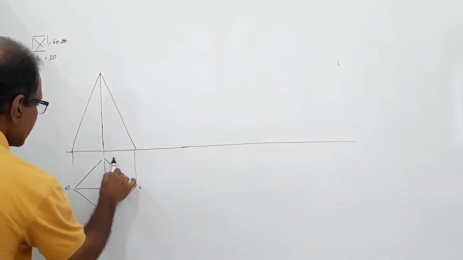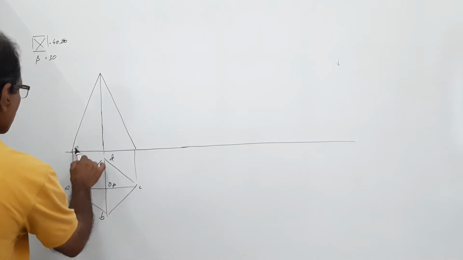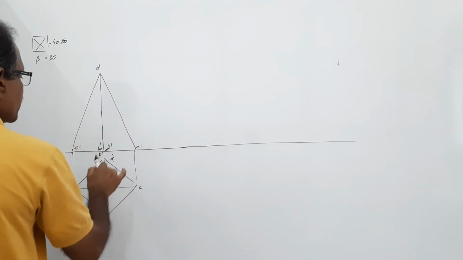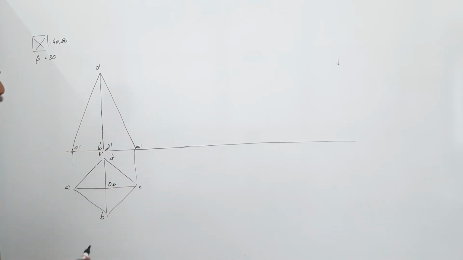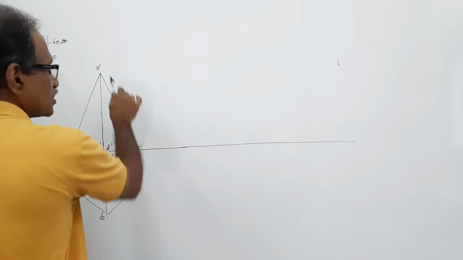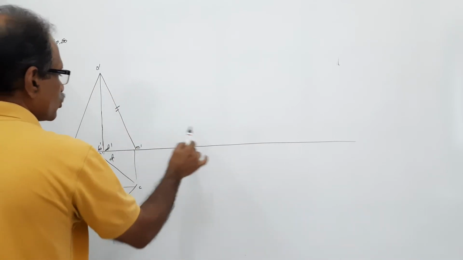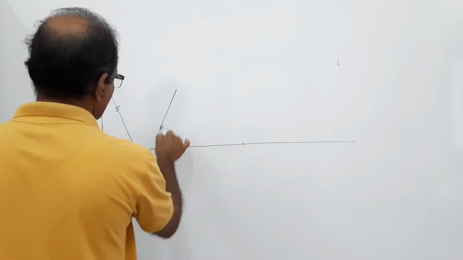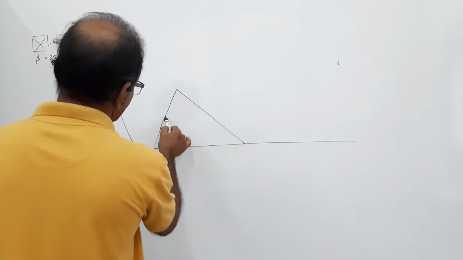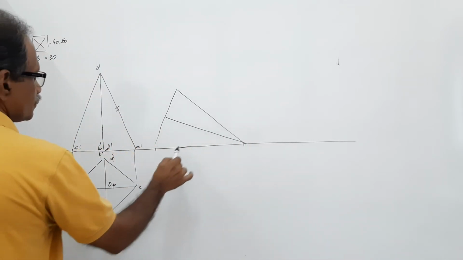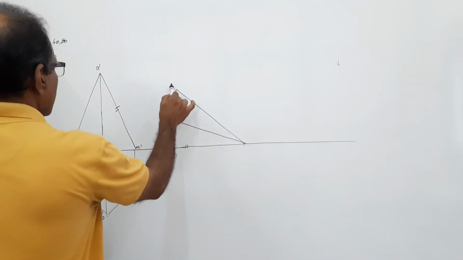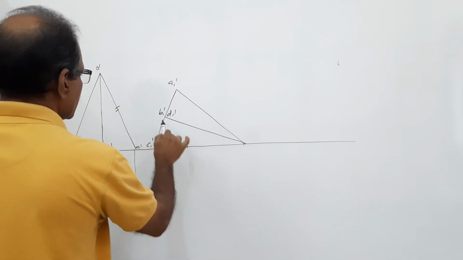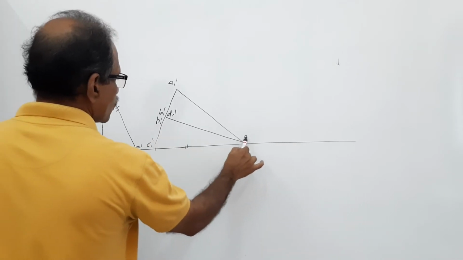A, B, C, D, O, P, A dash, B dash, D dash, C dash, O dash, P dash. Redraw this elevation with this slant edge on the ground. A1 dash, B1 dash, D1 dash, C1 dash, P1 dash, O1 dash.